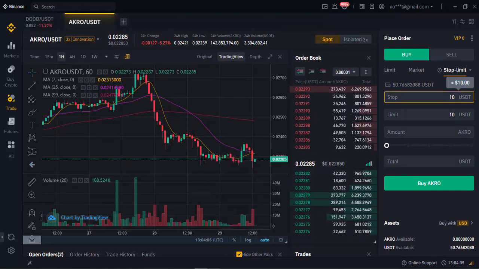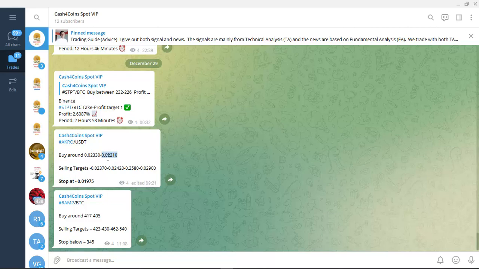And the price we are going to use here, we are getting the entry price information from our VIP spot signal, which I said you can also be among by reaching out to me and you will be added.